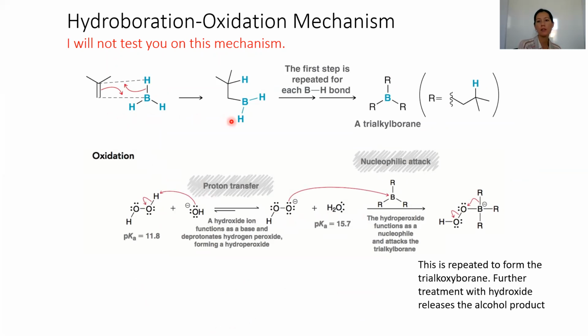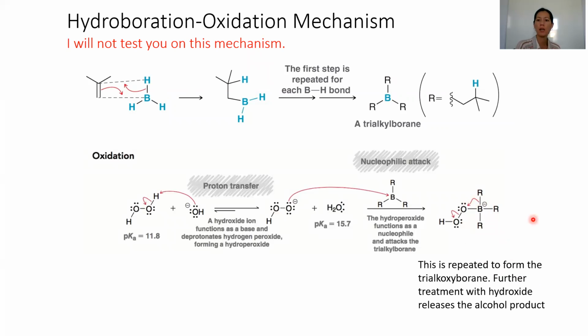Just to let you know, the mechanism proceeds so that this is repeated 3 times to give you a trialkyl borane, and then you use hydrogen peroxide and hydroxide to add the peroxide onto the boron. Then you get a transfer of the alkyl group on the O. This, upon treatment with hydroxide, releases the alcohol product, and this happens to give the trialkoxyborane.